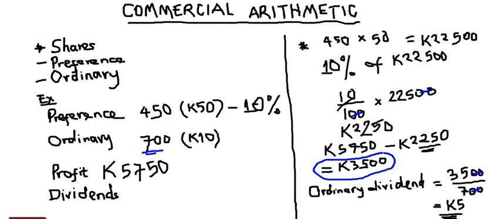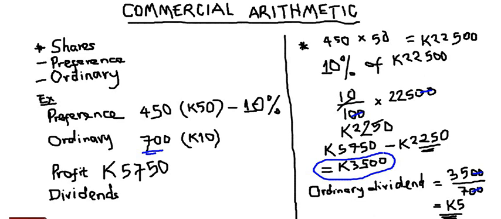So that amount is always fixed. The profit will always vary from one operation period to another, but that amount reserved for preference shares is always fixed.